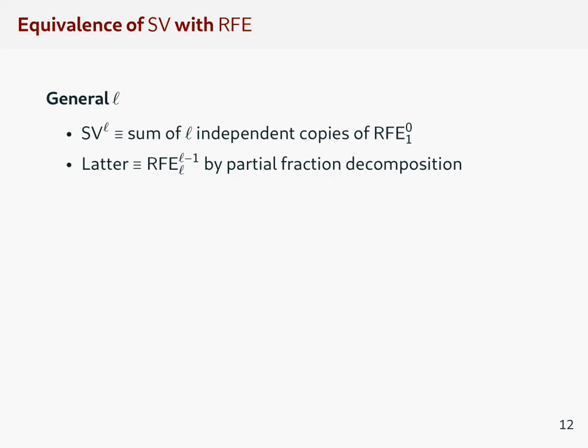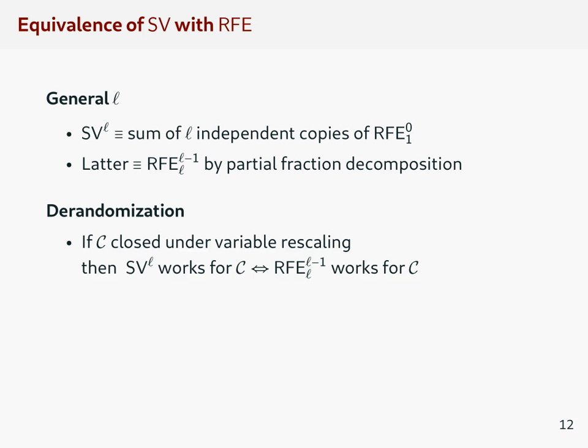And the latter, if you have a sum of L rational functions with degree 0 over degree 1, then by giving them a common denominator, you get a single rational function of degree L minus 1 over degree L. And you can reverse this process using partial fraction decomposition, and this establishes an equivalence between a sum of L independent copies of RFE01 and RFE L minus 1, L, and therefore SVL is equivalent to RFE L minus 1, L. For derandomization, this means that for any class C, SVL derandomizes C if and only if RFE L minus 1, L works to derandomize C.